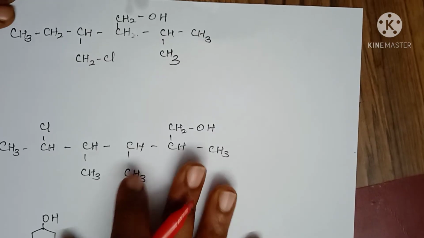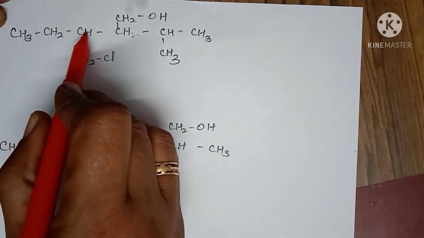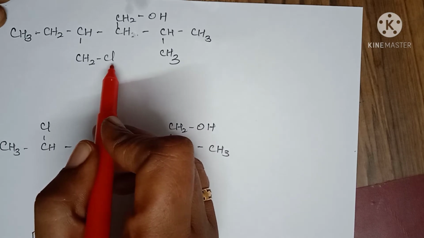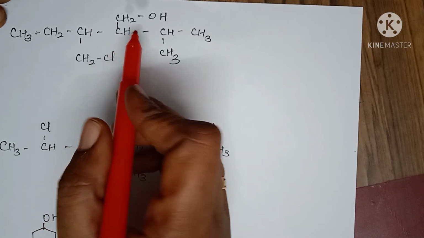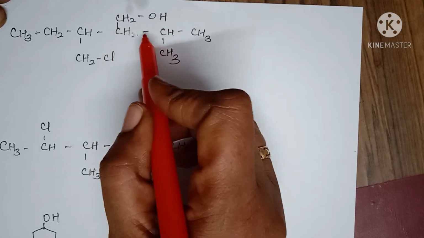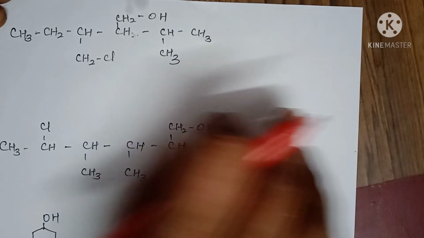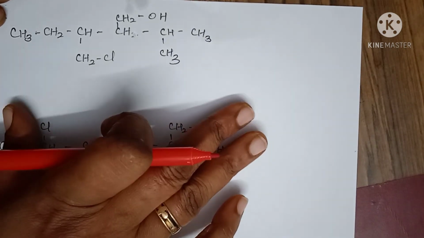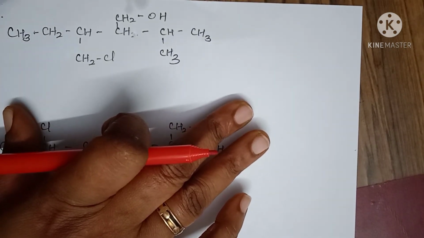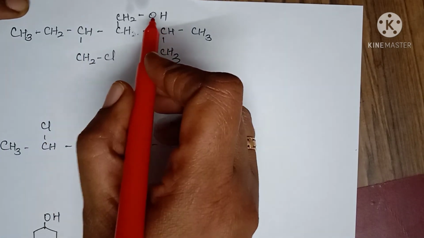Now, a different question I'm giving. CH3, CH2, CH, CH2Cl, CH2, CH, CH2OH, and here in this CH, CH3, CH3. Okay, now in this, how can you name this? First thing you have to find where the functional group is.